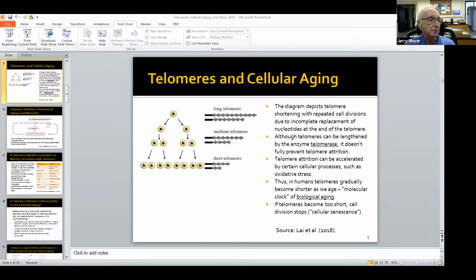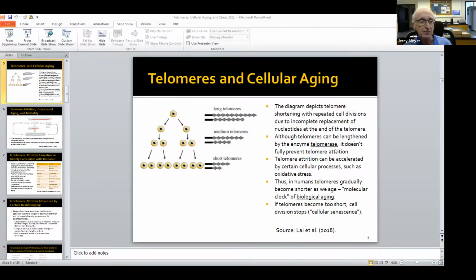Now, here we're showing cells dividing, and the idea is, again, just shown graphically here, that a little bit of the end of each telomere is lost with each division. So the telomeres are gradually getting shorter and shorter. Now, there is a process that can attenuate the loss of telomere length.